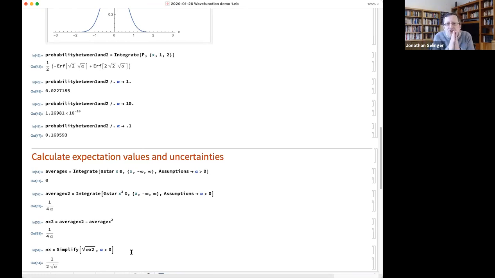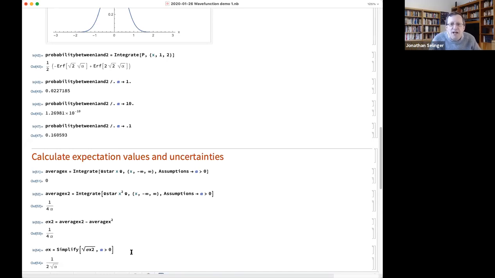That's what we already saw. When I made alpha to be 10, the variance was really small. When I made alpha small, the variance was really big. The standard deviation was big. The uncertainty in X was big. All right, so that's my first demo.